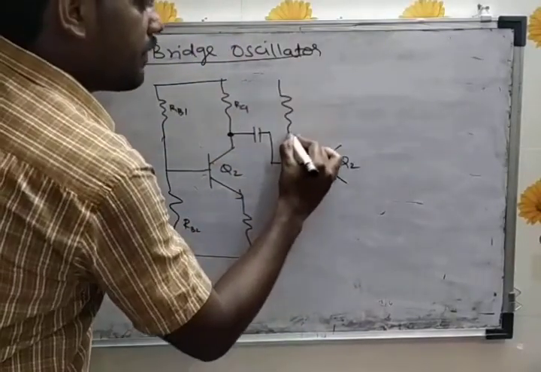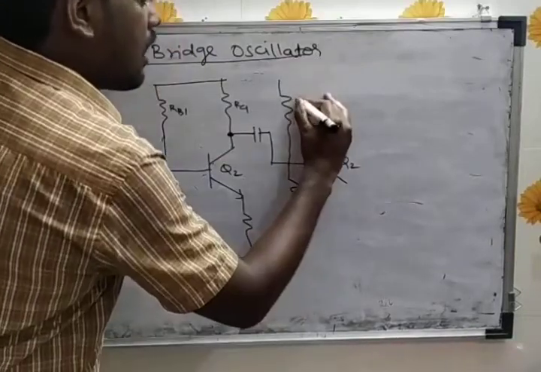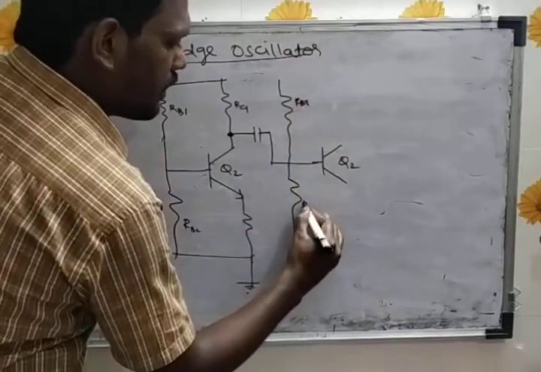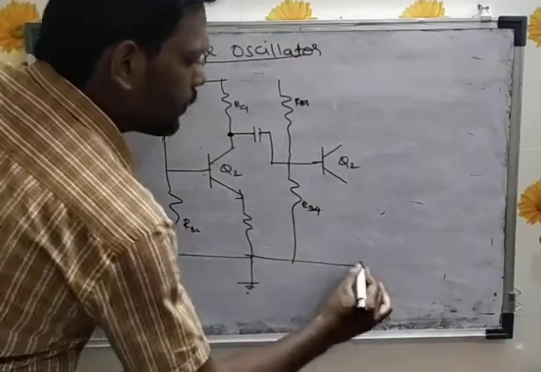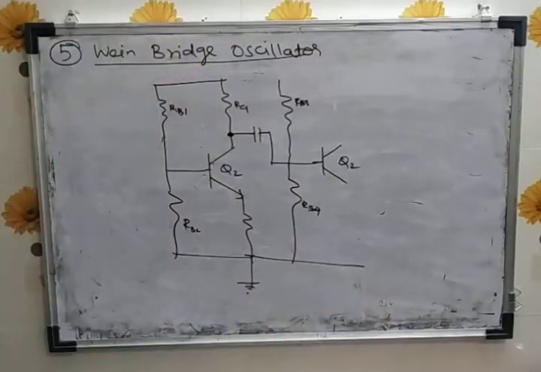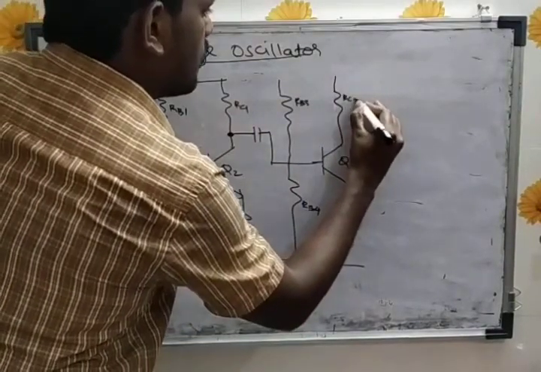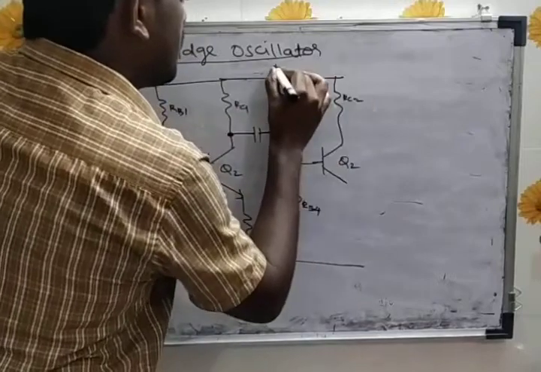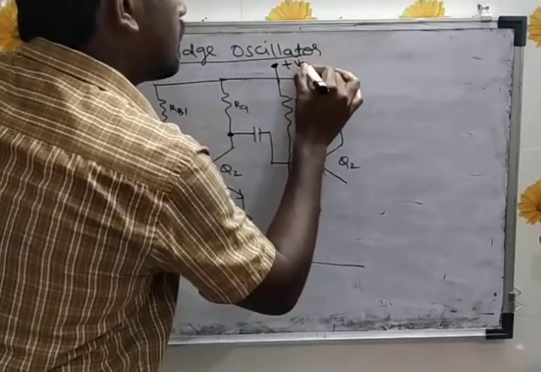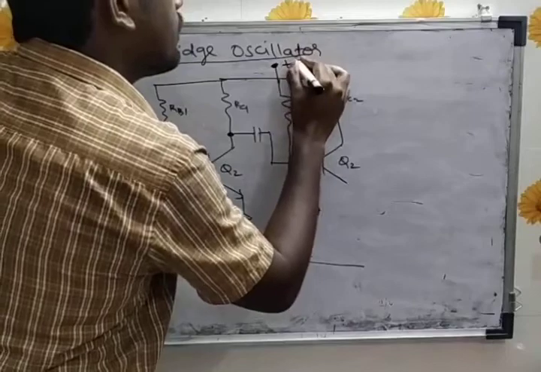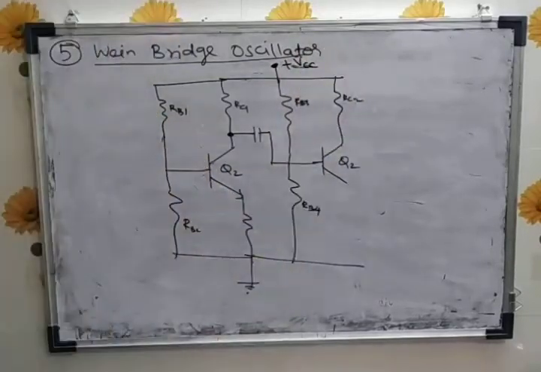Here we have RB3 and I am taking this as RB4. Here we have RC2, and the supply voltage is plus VCC.